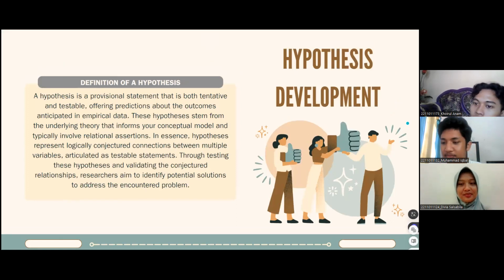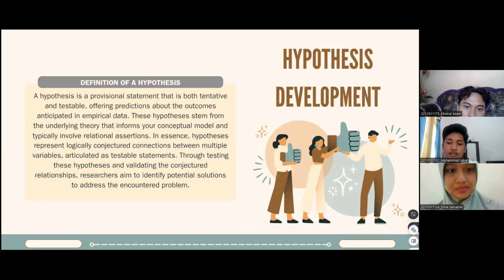Next one is hypothesis development. Definition of a hypothesis. A hypothesis is a provisional statement that is both tentative and testable, offering a prediction about the outcome anticipated in empirical data. This hypothesis stems from the underlying theory that informs your conceptual model and typically involves rational assertion.